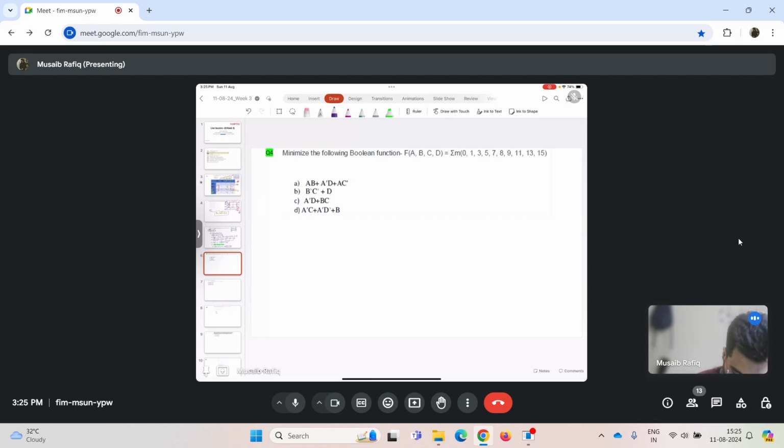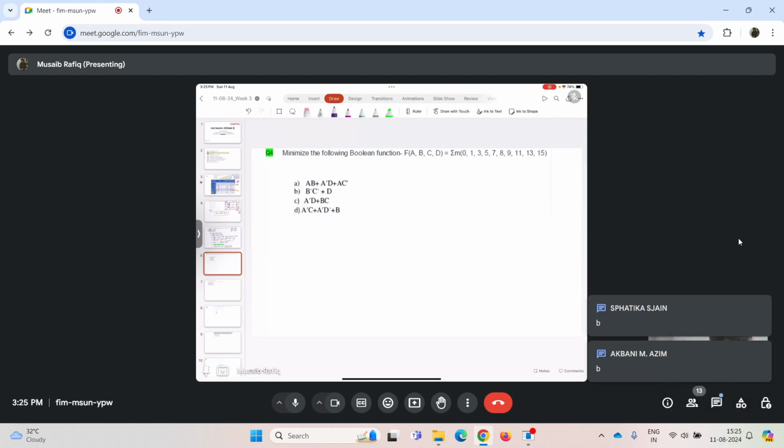So the question asks us to minimize the following Boolean function. I can see some of the answers. Waiting for others to also type in.